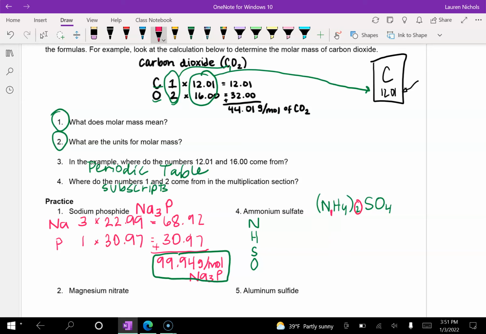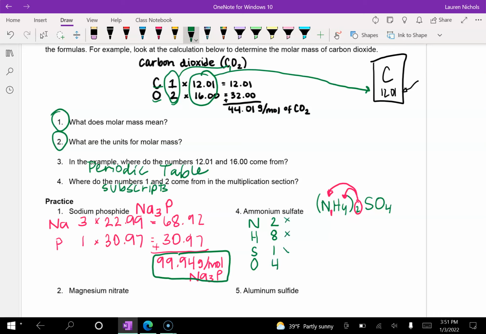However, this 2 outside of the parentheses gets distributed to both the nitrogen and hydrogen because it's saying that I have 2 ammonium ions. So this means that instead of just having 1 nitrogen, in total I have 2. And I have 2 times 4 is 8 hydrogens, 1 sulfur, and 4 oxygens.